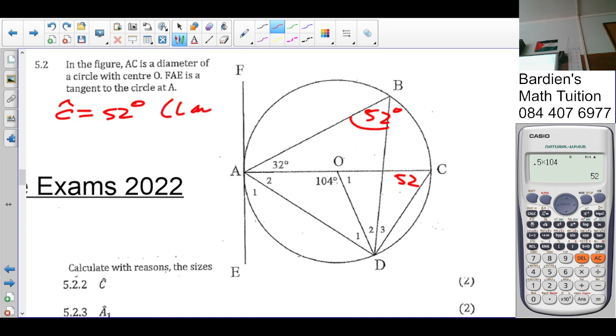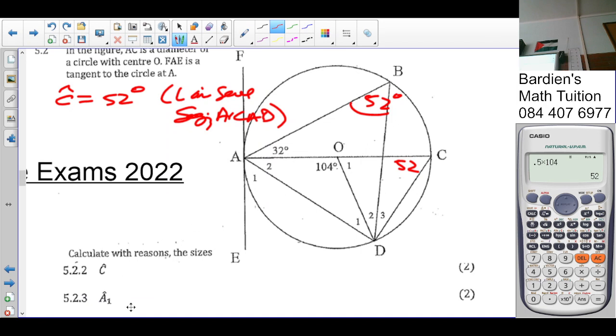So angles in the same segment, and it's coming from arc AD. You don't have to say which arc it's coming from. Then they want you to work out angle A1. So angle A1 is this angle here, and as I've indicated already, that angle is equal to that. So A1 is 52 degrees because of the tangent chord theorem.